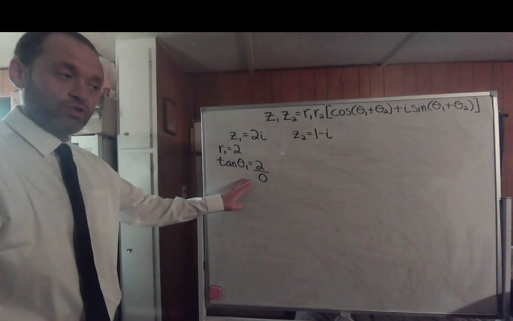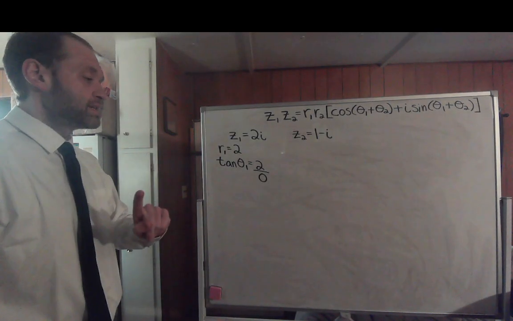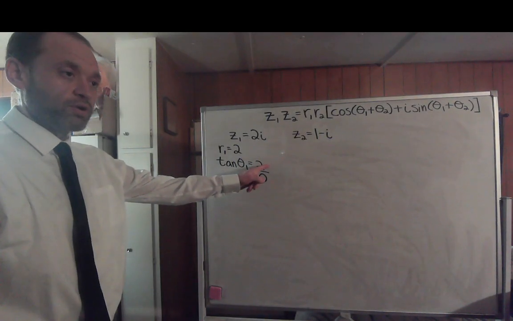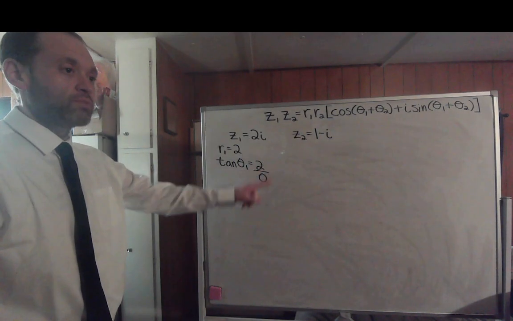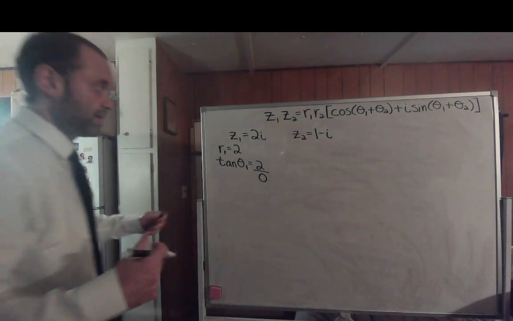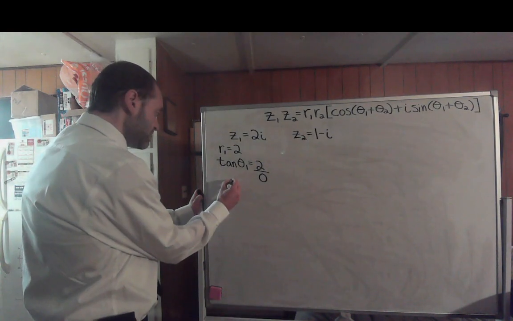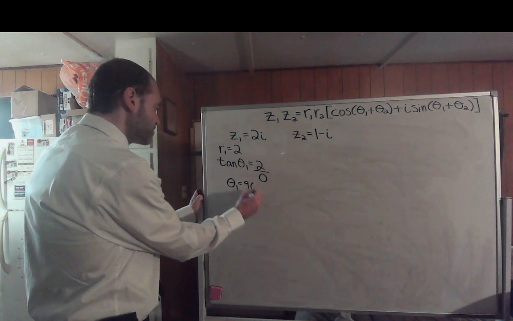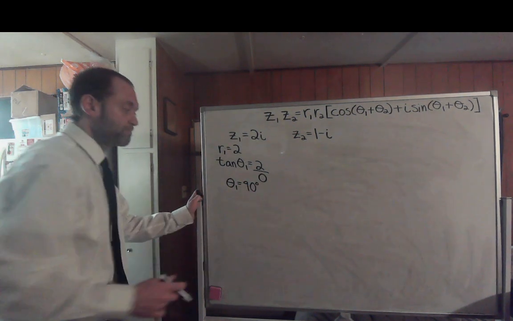Granted, that's true. But where do we get a positive number in the numerator divided by 0 for a tangent? That's going to be at 90 degrees, right? So that means that theta sub 1 would actually have to be equal to 90 degrees.